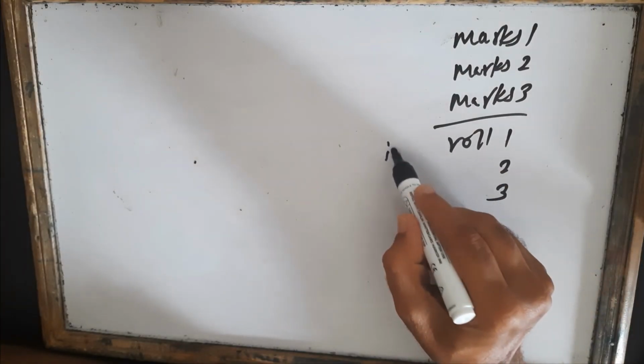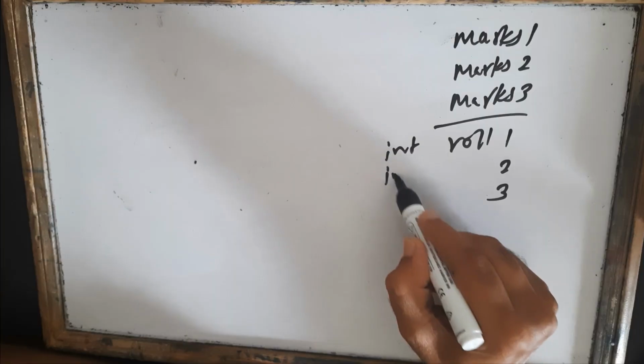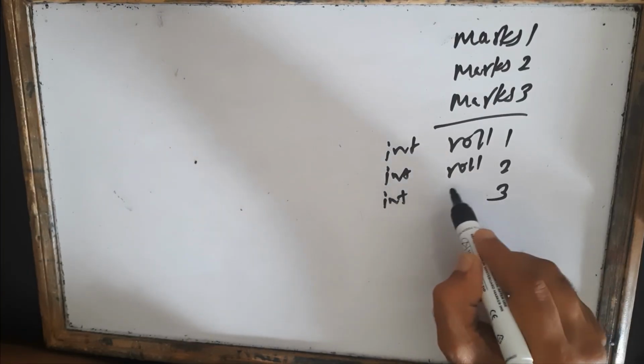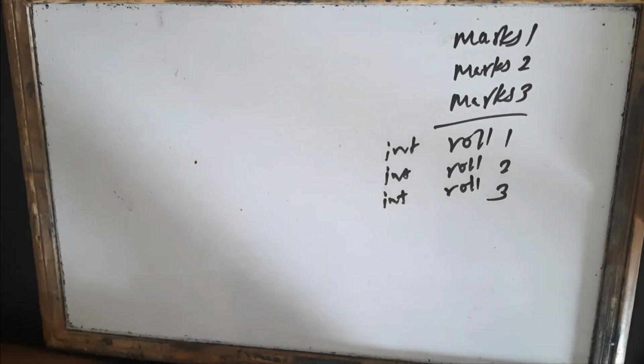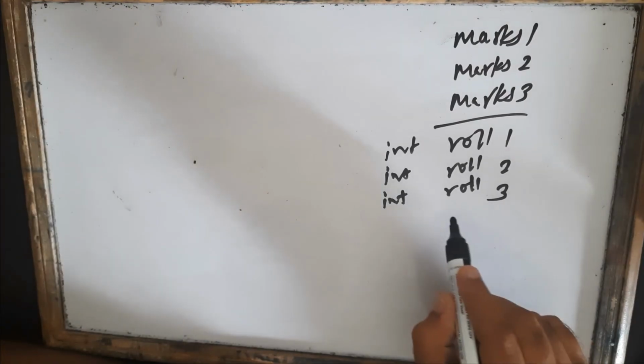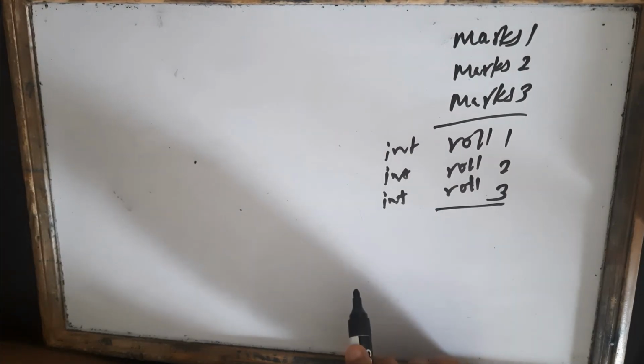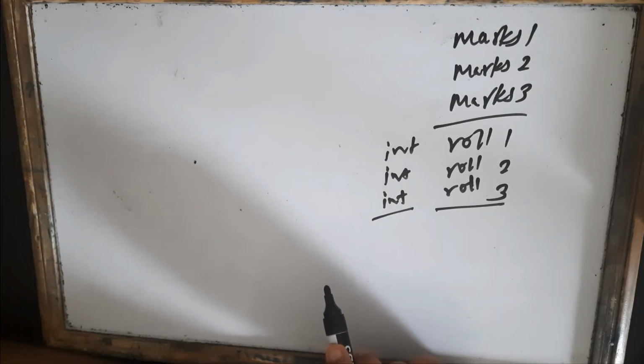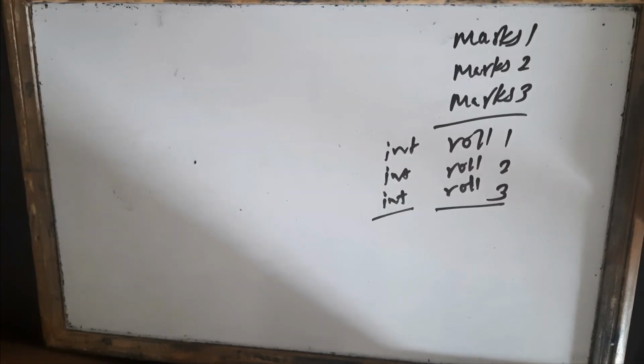So roll can be integer, int roll 2, int roll 3. In a school normally we will have thousands of students, then we may need to create thousands of roll variables of type int. Okay. And it will be very cumbersome to create hundreds of roll numbers in this pattern.